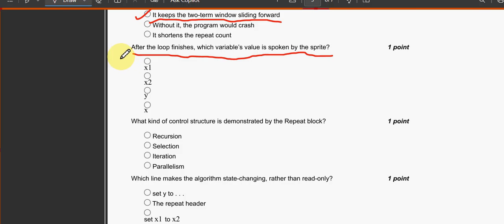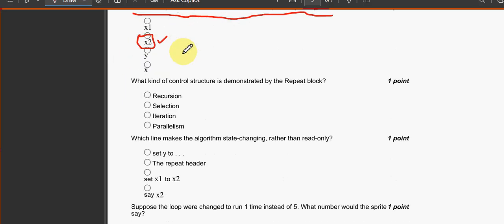So it is the second option, that is x2. Next one, what kind of control structure is demonstrated by the repeat block?